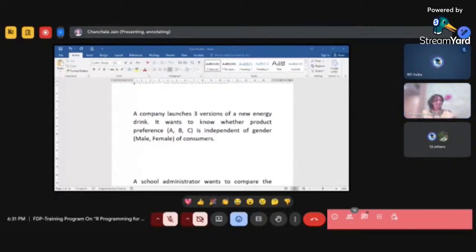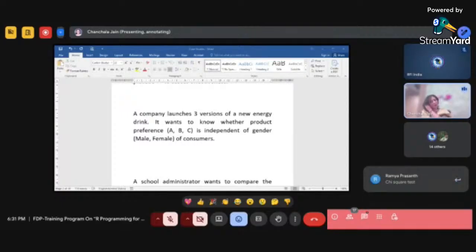Ma'am, it seems a case of ANOVA test. Case of ANOVA. Okay, fine. What about others? Ranjita ma'am, Ramya ma'am, anyone else? Chi-square test, Ramya ma'am is saying. Fine.